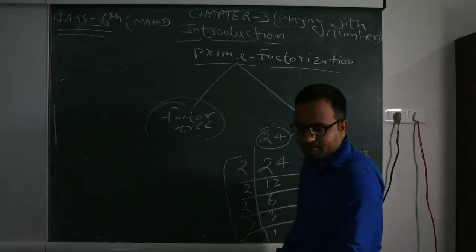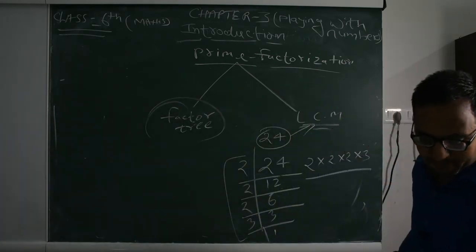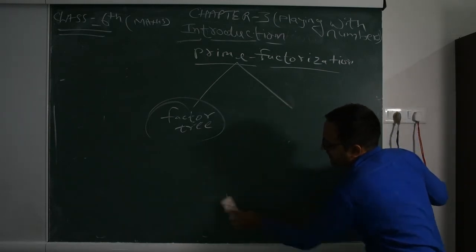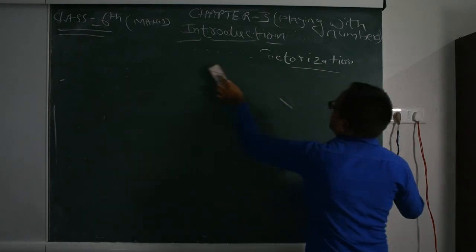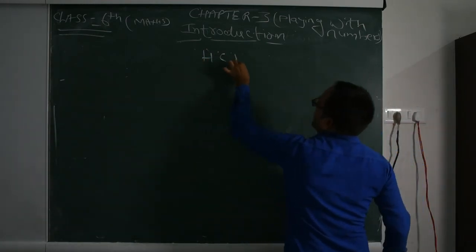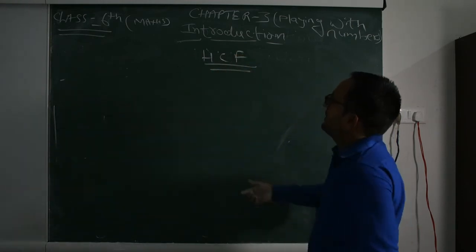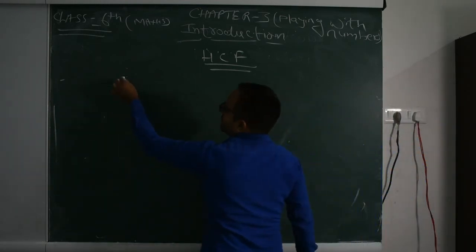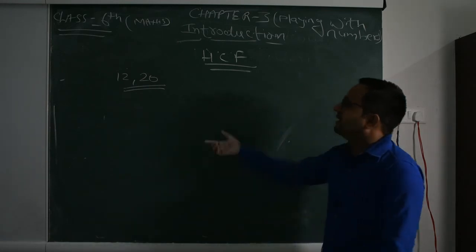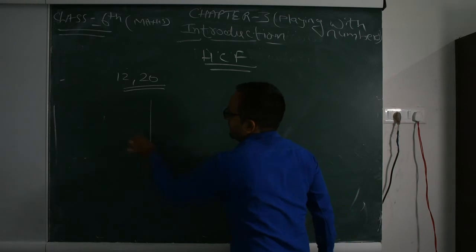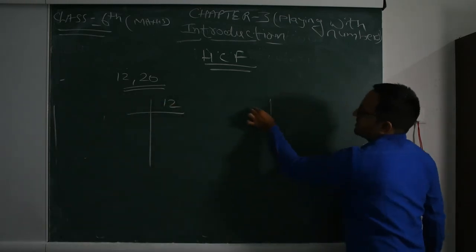Okay, now we discuss HCF, the highest common factor. For this we have two numbers, 12 and 20. If you find out the HCF of these numbers, 12 and 20, we take the factorization separately.